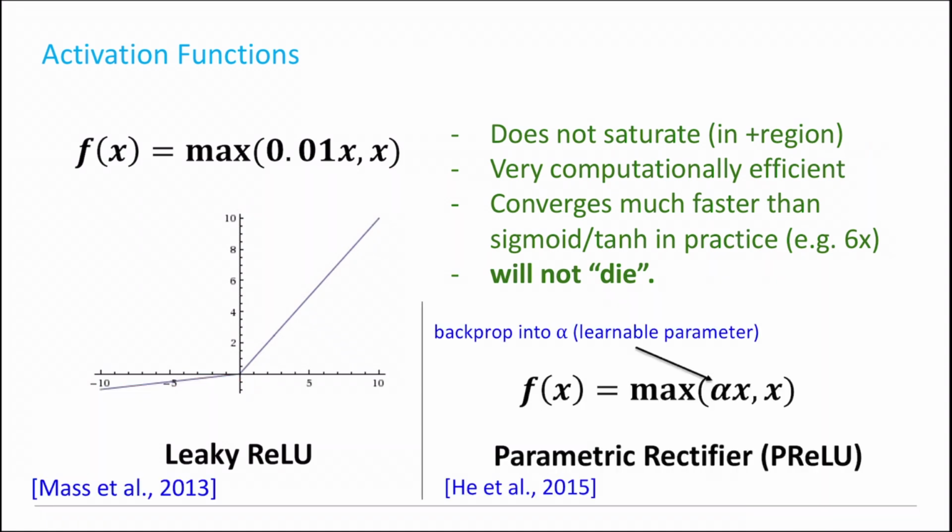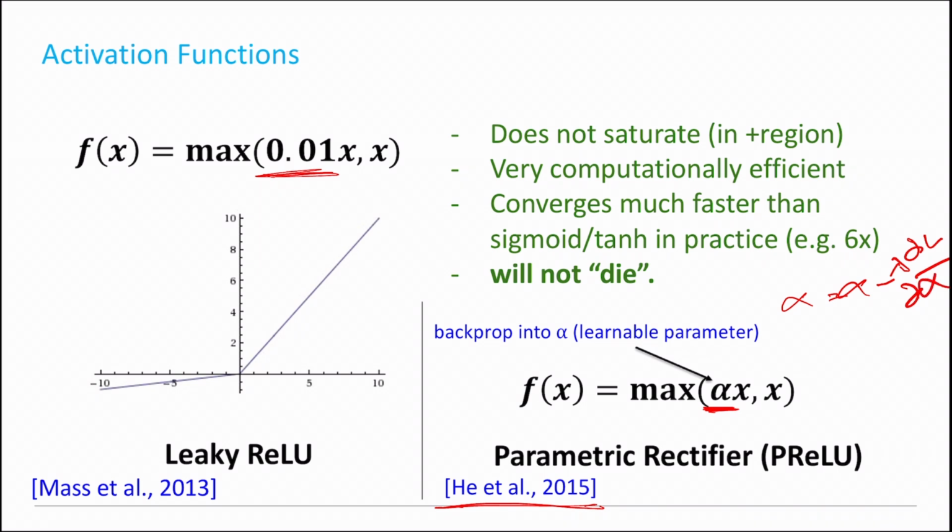Then people took it a step further. He et al. took it a step further, where he said, okay, instead of just fixing this 0.01, why don't we make it learn? And we actually backpropagate it. We differentiate the loss with respect to this parameter, and then we also take a step in this direction, right? So what we say is, alpha is equal to your previous alpha minus, let's say, some learning rate times the derivative of the loss with respect to this alpha.